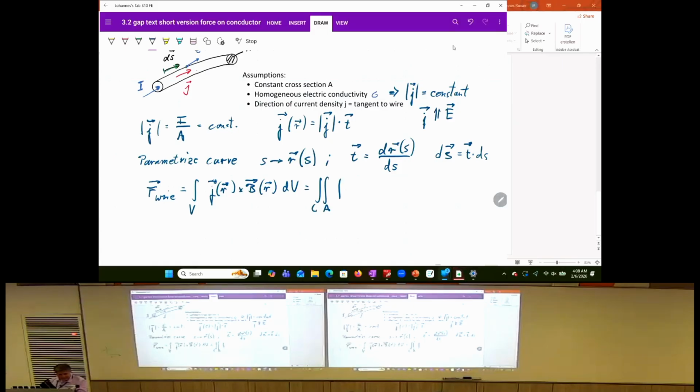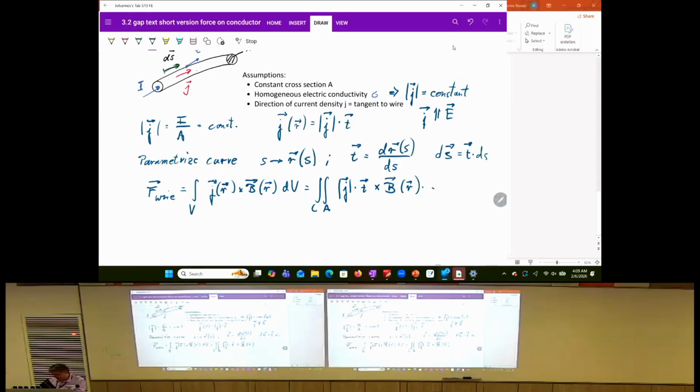Then we insert what we have concluded for our current density, so that we have an absolute value which is constant over the cross section, and the direction is following the tangential vector of the curve describing how the wire bends, and then the cross product with the magnetic flux.